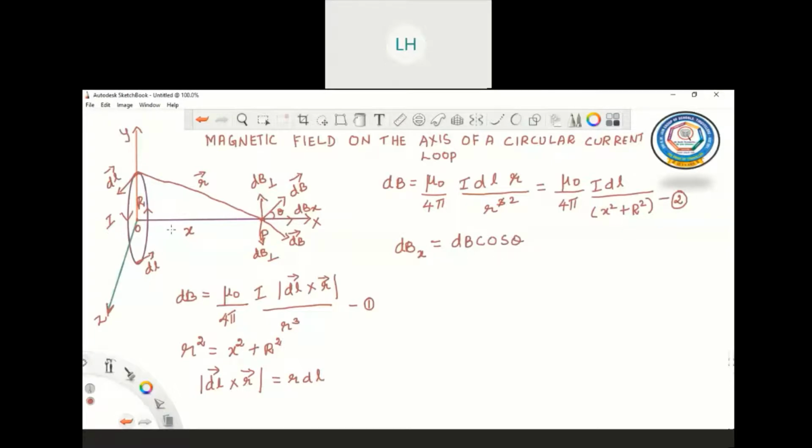So from this diagram we can also write what is cos theta. What is cos theta, children? I think all of you are able to write this cos theta, right? So cos theta is equal to capital R divided by x square plus r square, the whole power half. Okay. So this is our cos theta.